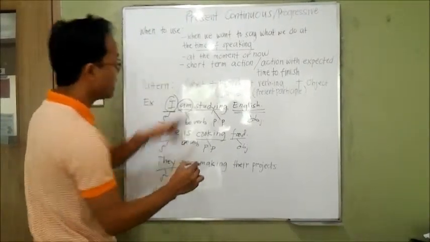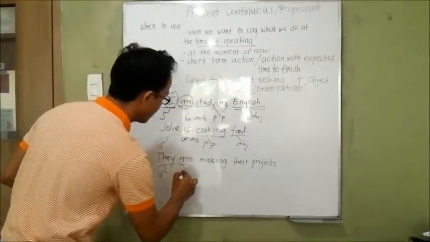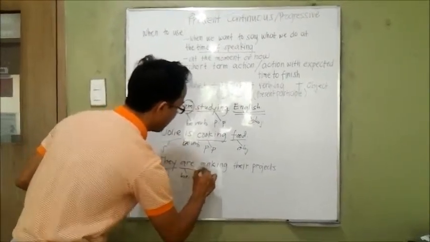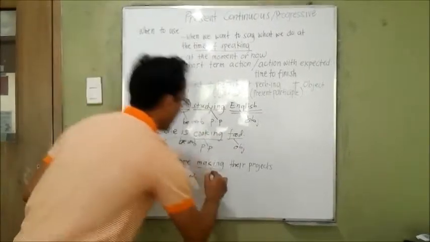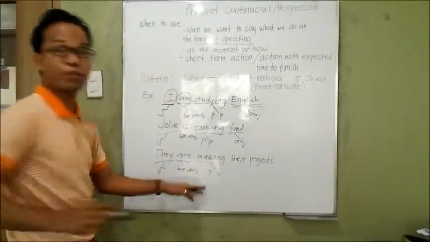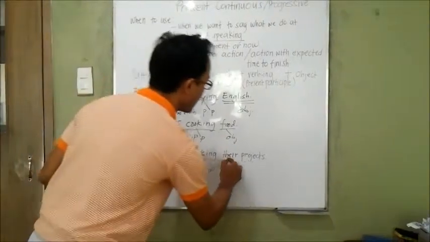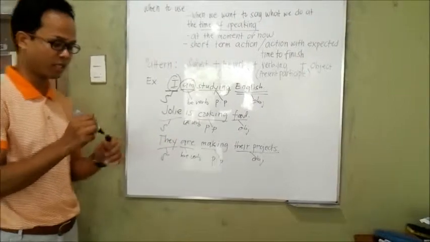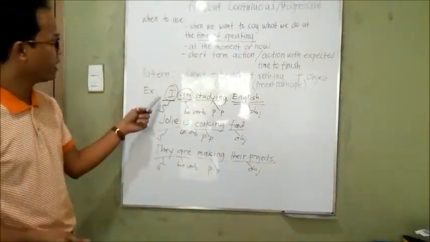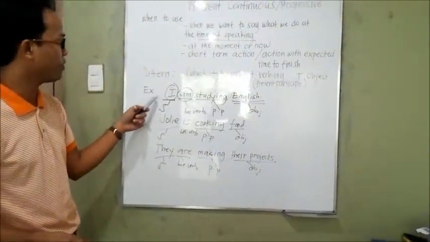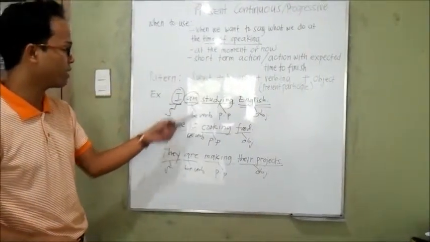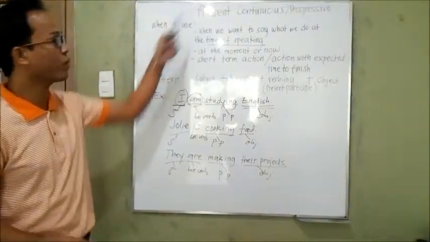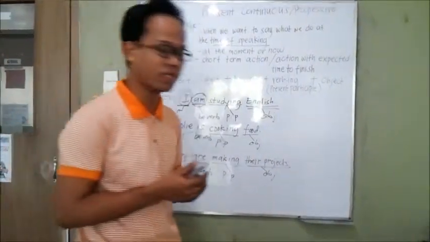It's followed by the be verb are, and making, which is the present participle, and their project as the object of the sentence. So here we have examples of using am, is, and are in a sentence in present continuous or present progressive.